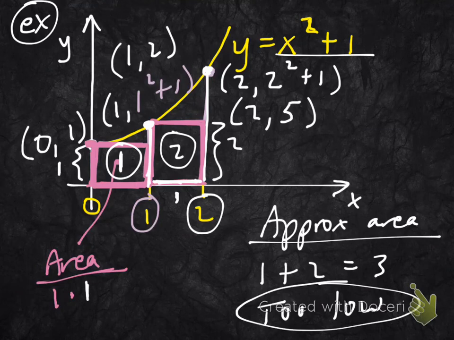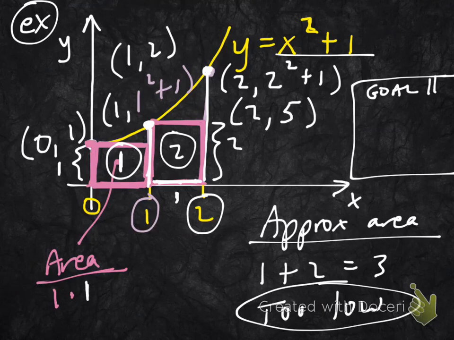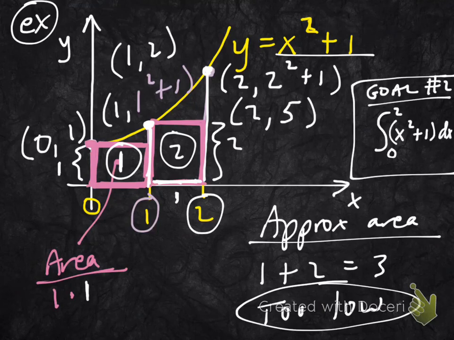Alright, so finally, this isn't going to really make any sense right now, but I'm going to tell you anyway that goal number 2, interpreting what it means: when you see this symbol here, we'll get to what that symbol means later, but for right now I want you to consider that that symbol is asking you to find the area between x equals 0 and x equals 2 of the function, or between the function and the x-axis, x squared plus 1, and then you'll see this little dx on that.